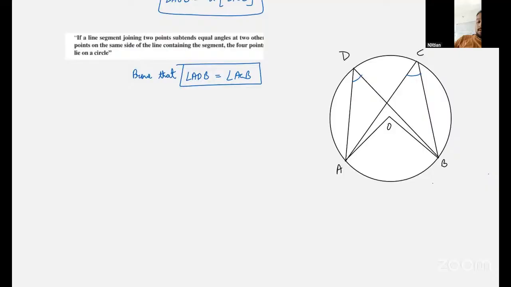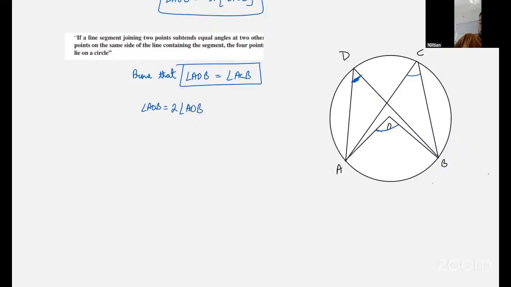We know that this angle is made by the arc AB, and this angle is also made by the arc AB. So the center angle will be double of the angle on the circumference. So angle AOB can be written as twice of angle ADB.